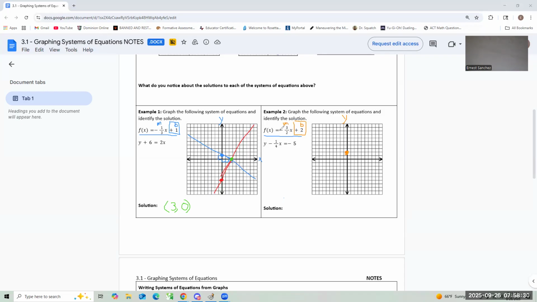Okay, and then my slope, again, is negative, so we're going to have to go down 3, because it's rise over run. 1, 2, 3. And to the right 2. 1, 2. That's where we stop, and we're going to draw our point.